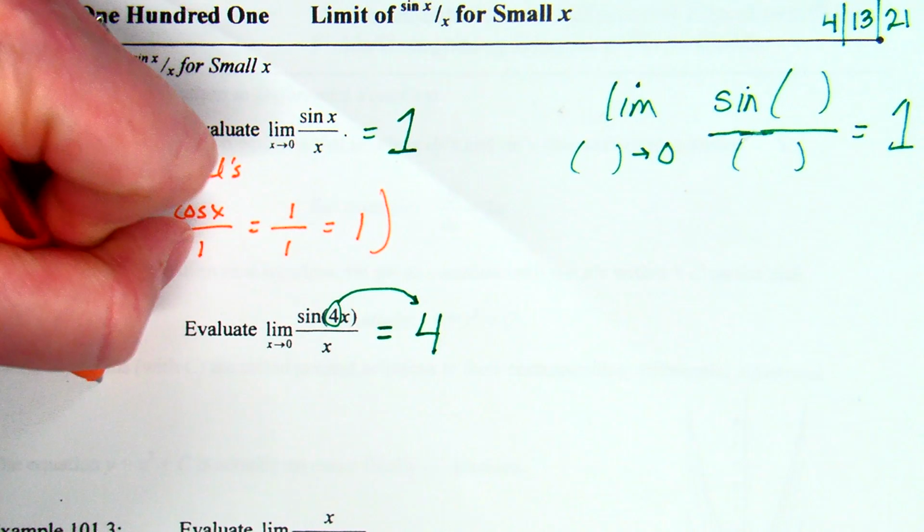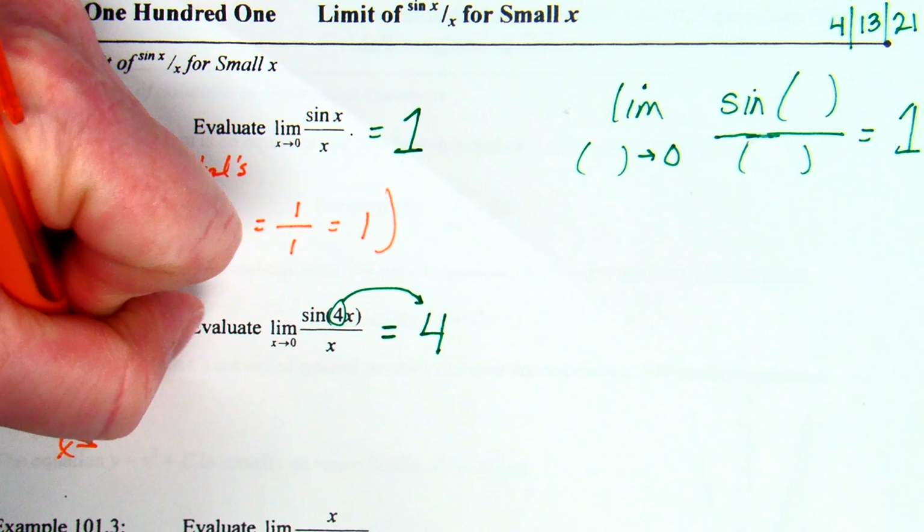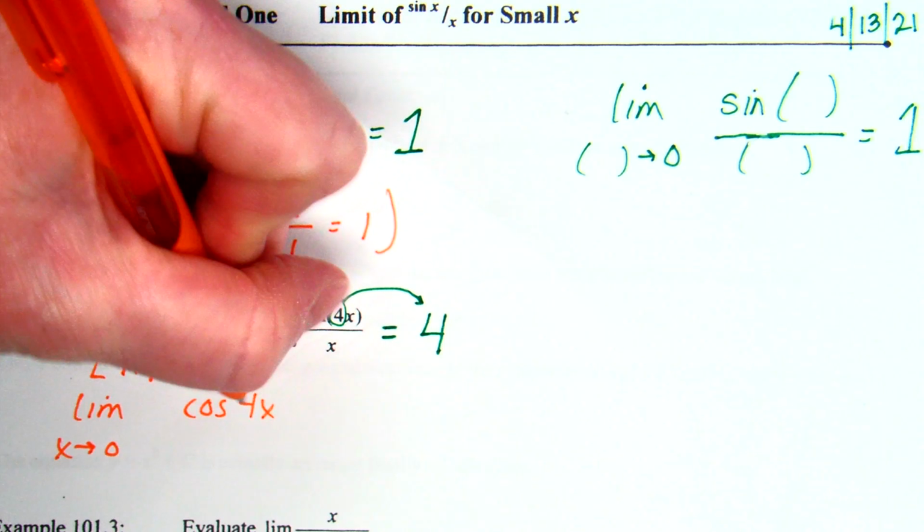L'Hopital's is your proof, if you're wanting proof, and you guys already went there and talked about it. The limit as x approaches 0, derivative of sine of something is cosine of something times the derivative of something.